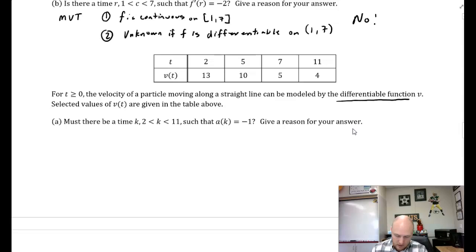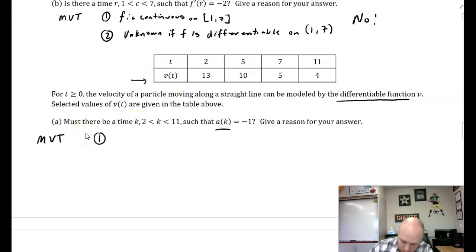Okay, well, which theorem am I going to use? IVT or MVT? They're asking me, must there be a time? So I'm going to use the MVT here. And the reason is because I'm given information about velocity, and now they're asking me about acceleration, the derivative of that, the instantaneous rate of change of velocity. So this is the MVT.